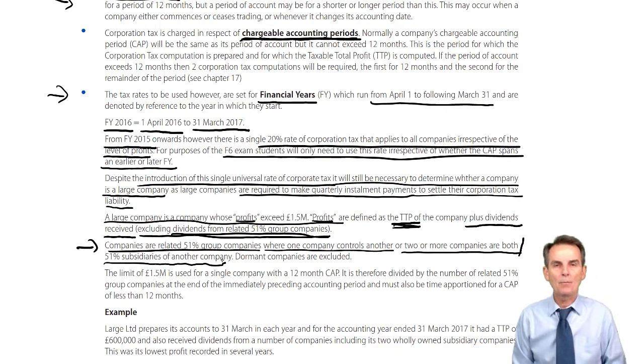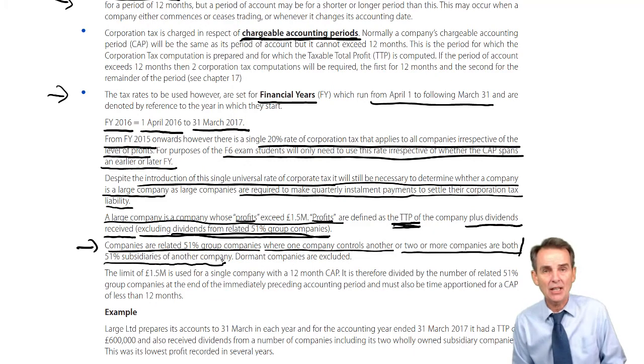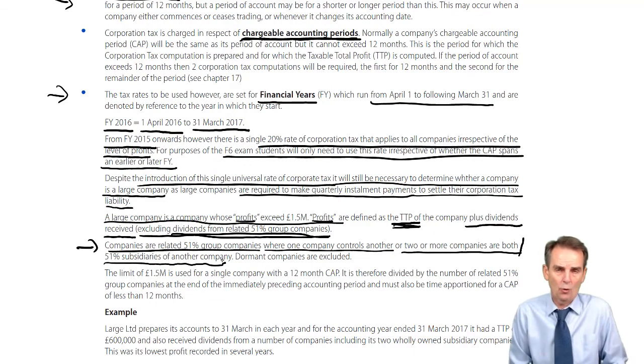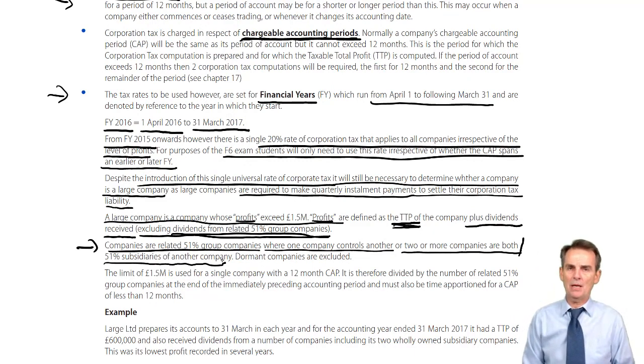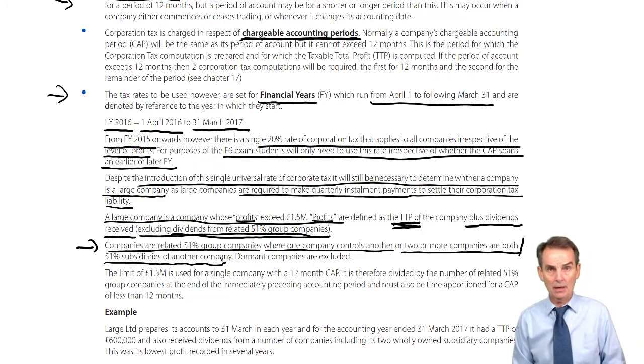So if a company prepares its accounts for a 6-month period and has a chargeable accounting period for that 6-month period, its profit limit would be just 6/12 of 1.5 million. Half of that, it would be 750,000.